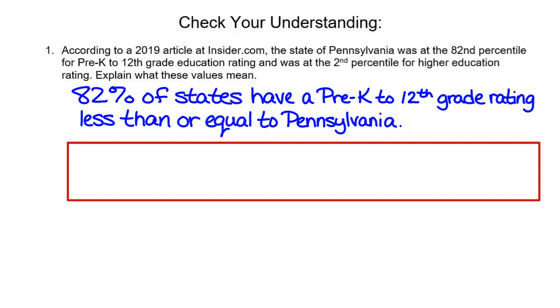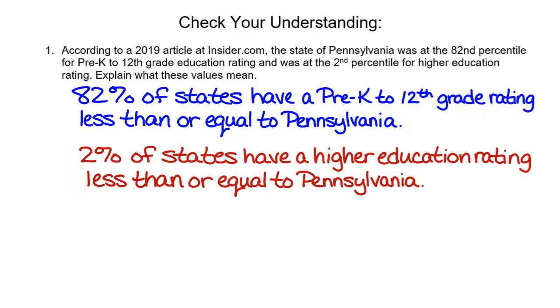They're better than only 2% of the other states, or the same or better than 2% of the states. So if we're saying 2%, anybody know what 2% of 50 is? So yeah, they're pretty low. K-12, you're good. Go out of state for college.